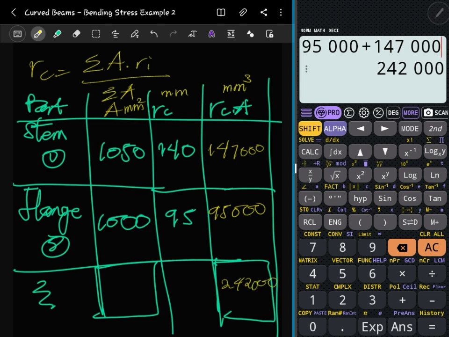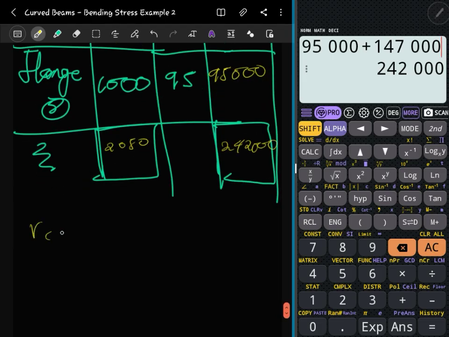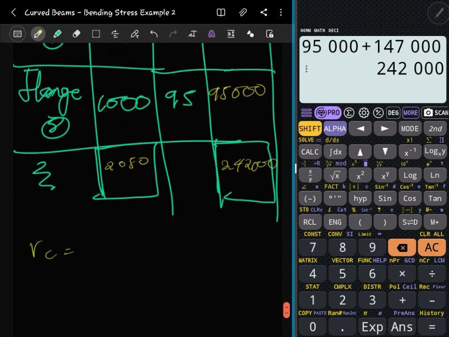For the area, that's 2050. So we end up getting our RC to be 242,123 on 2050.